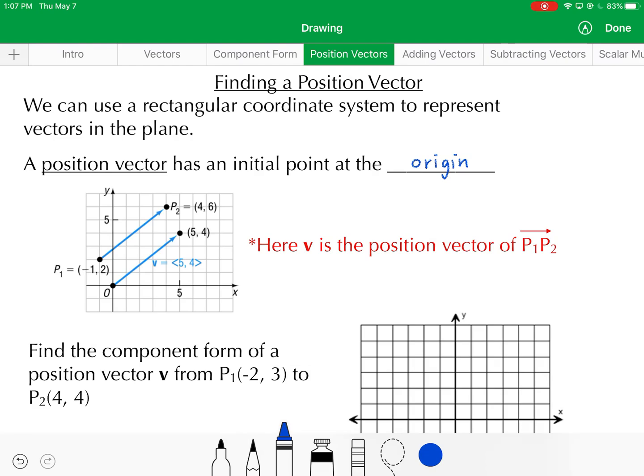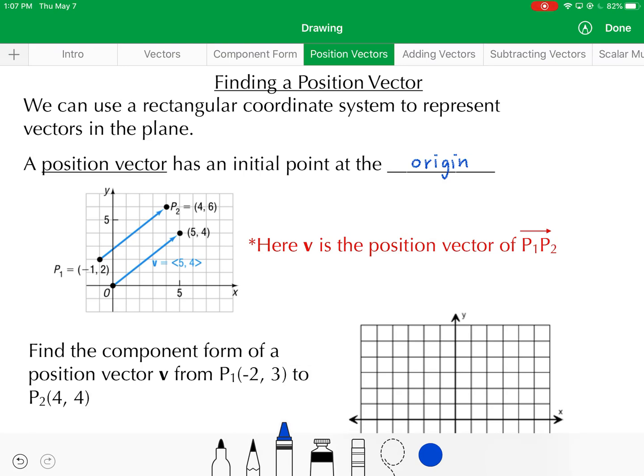So the vector traveling from point 1 to point 2, that is not a position vector because its initial point, point 1, is not at the origin. But vector v is considered a position vector for the original vector from P1 to P2.